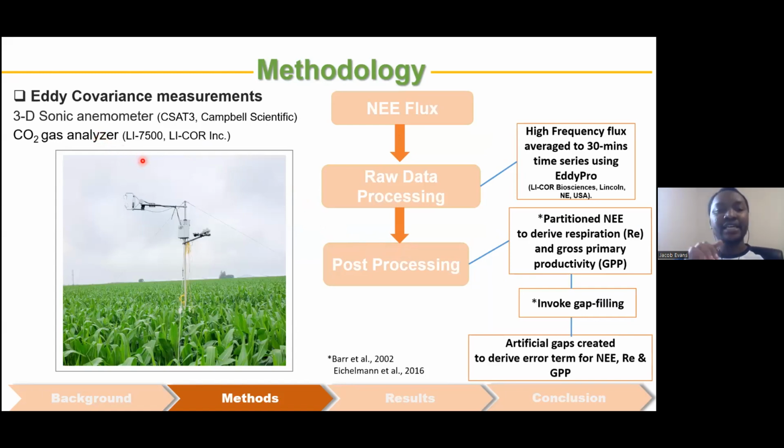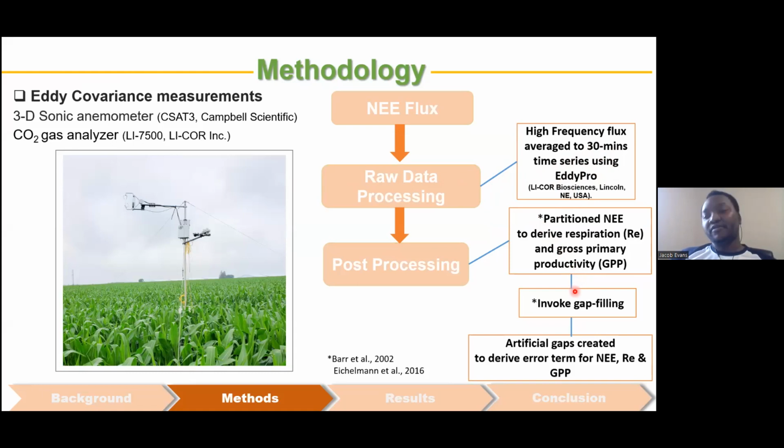Each tower comprised a 3D sonic anemometer and a CO2 gas analyzer, which measured the NEE flux at a frequency of 10 Hertz. This high frequency flux was then averaged to a 30 minute time series using EddyPro, and thereafter partitioned into respiration and GPP.